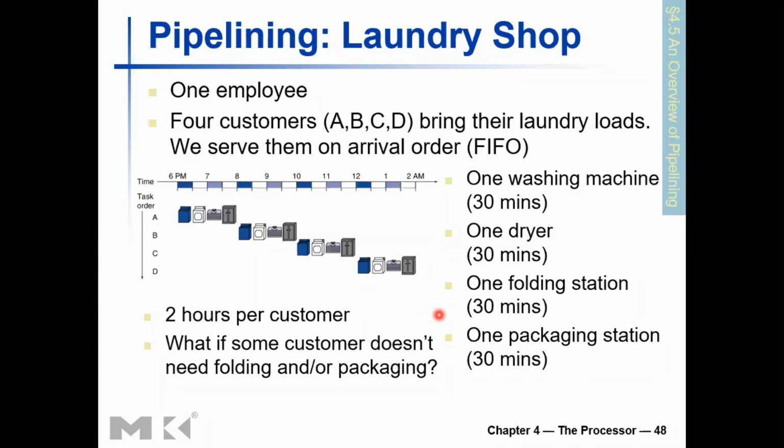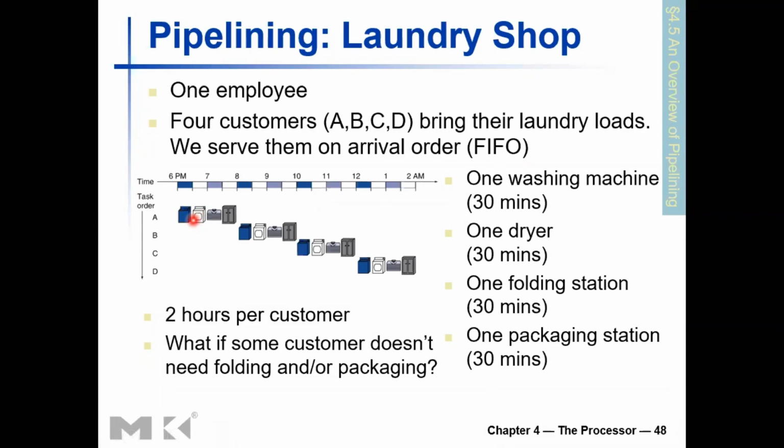Jump instruction only uses 2 stages, something like that. So some customers may come and say, I only want washing and drying to be done, right? So our employee doesn't have to spend half an hour folding and half an hour packing. So for such a customer, we are only spending 1 hour. It's very similar to our multi-cycle CPU now.